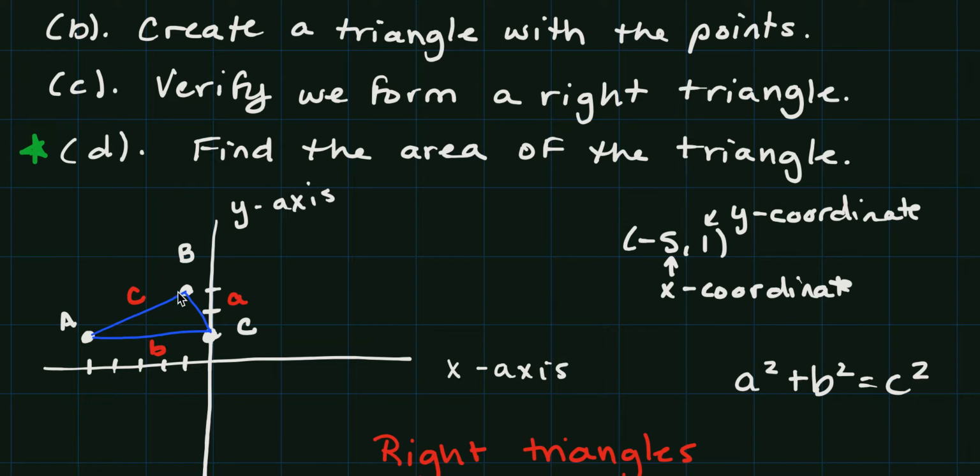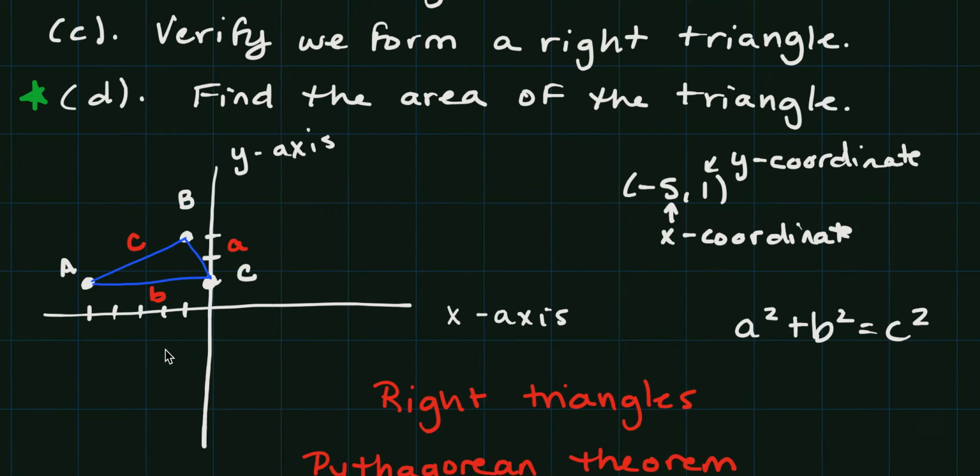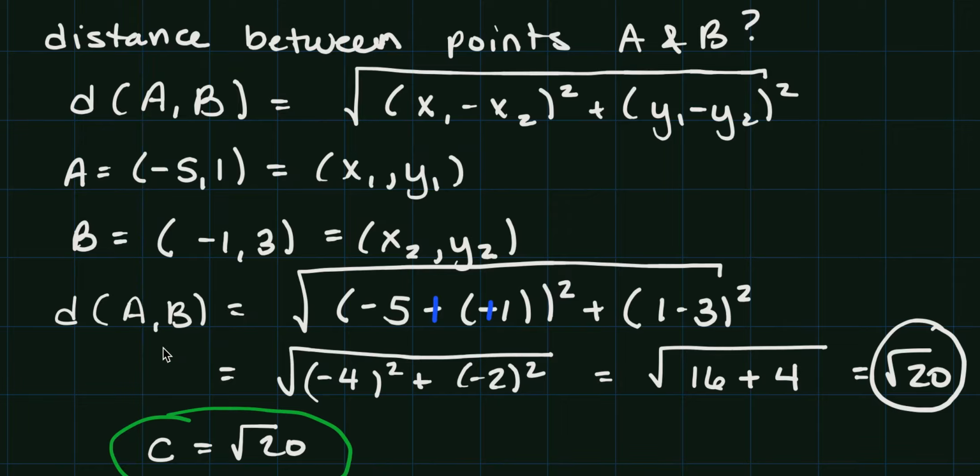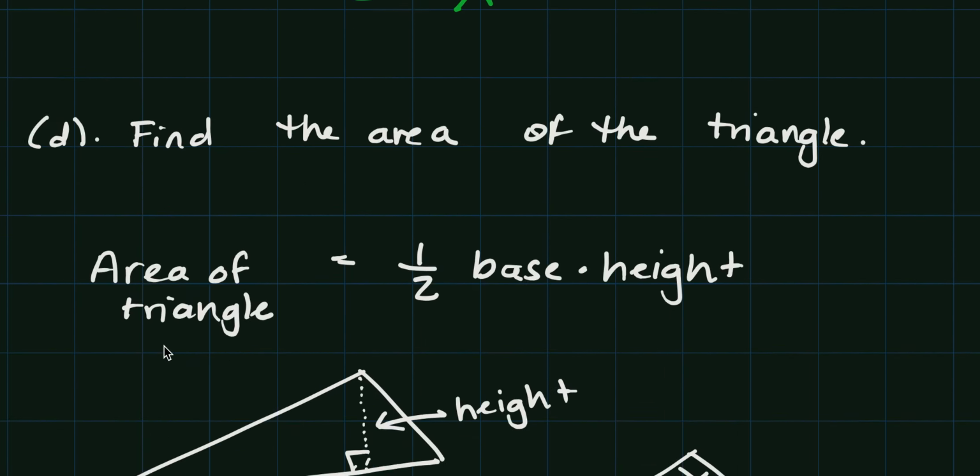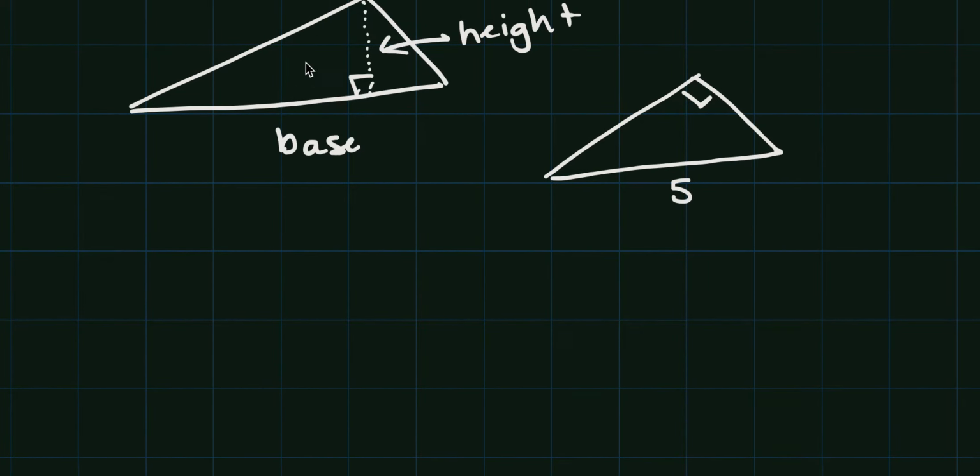So I'm going to just redraw this triangle, but what I'm going to do is I'm not going to put these axes. These don't really matter. What matters is the lengths of the sides. So let's write what the lengths of the sides are and find the area. So let me scroll back down. Okay, so we had A, B, C. We said that this length was 5.